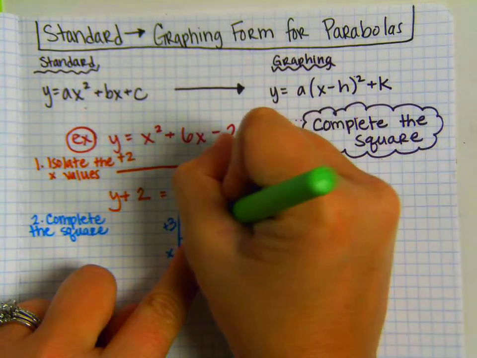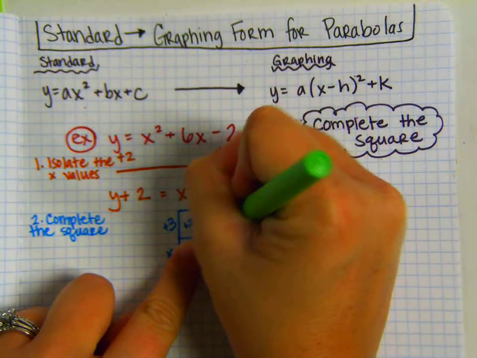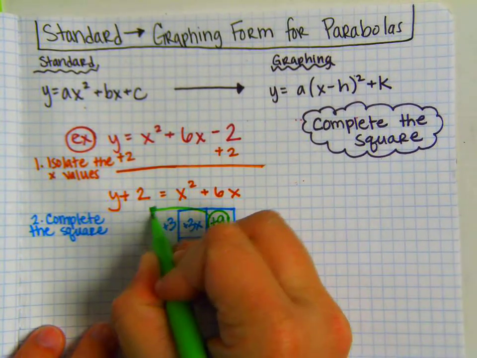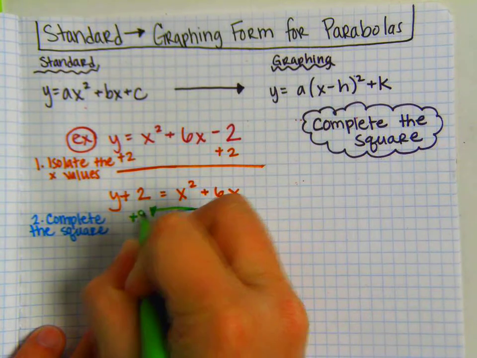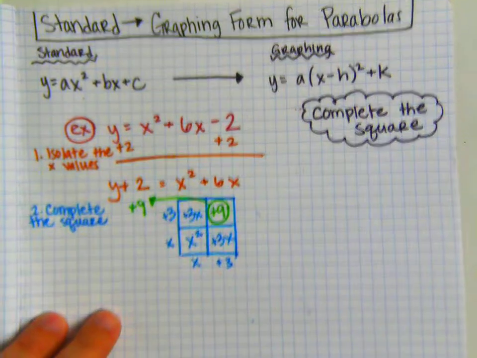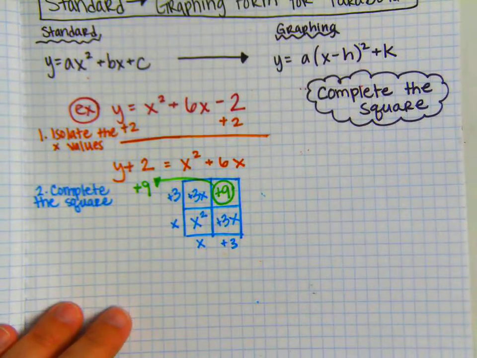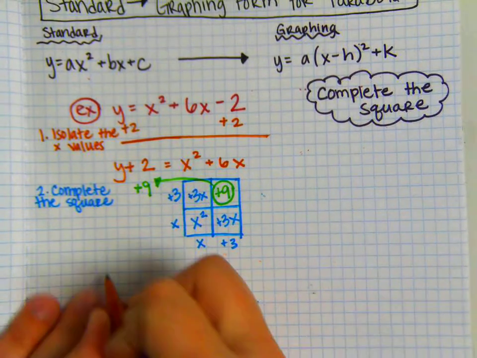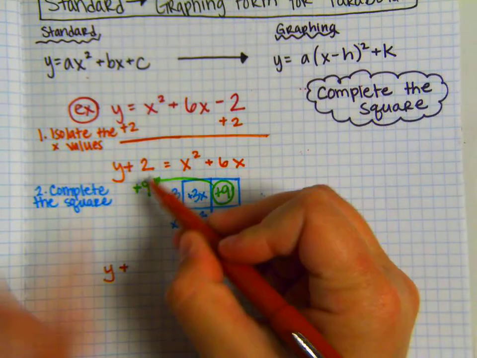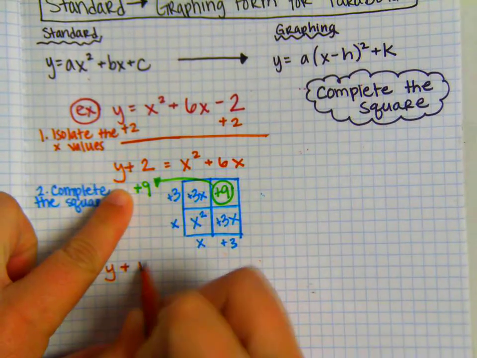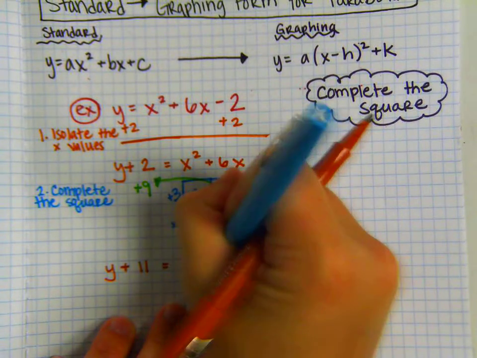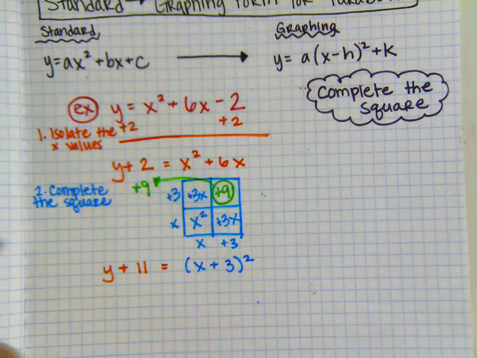That's a plus 9. And remember, that needs to be added to the other side. That doesn't change either. So I'm going to put that plus 9 on that side. So now I get on this side, y plus, well, we had 2 plus 9 is 11, equals x plus 3 squared.